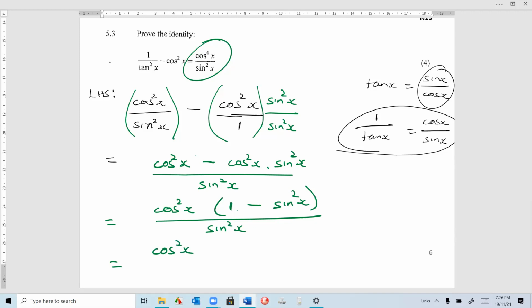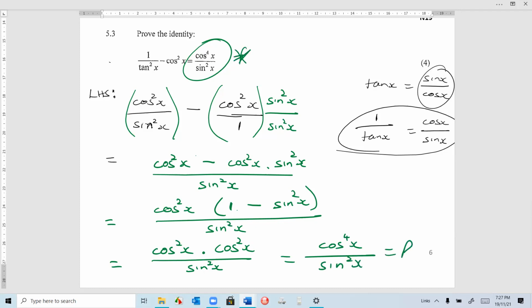If you remember a little early on, 1 minus sine squared x can be replaced with cos squared x, and all over sine squared x. So cos squared times cos squared will give you cos to the power 4 x, all over sine squared x. And if you quickly peek now at your right-hand side, that's actually what we wanted to prove.